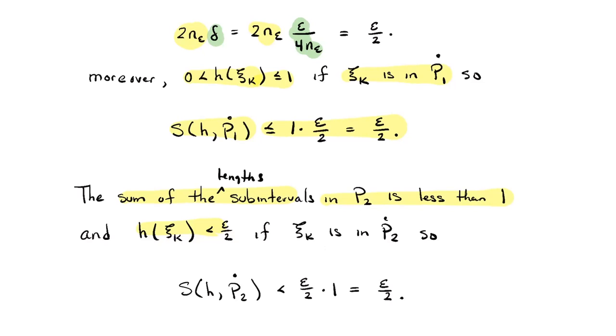Okay, that's because the tags can't belong to E sub epsilon. So using the same reasoning, the sum over just the subintervals and tags that are in P2 is no more than the maximum function value there times the length, well, that's also epsilon over 2. Sort of play different roles, but the result is the same.